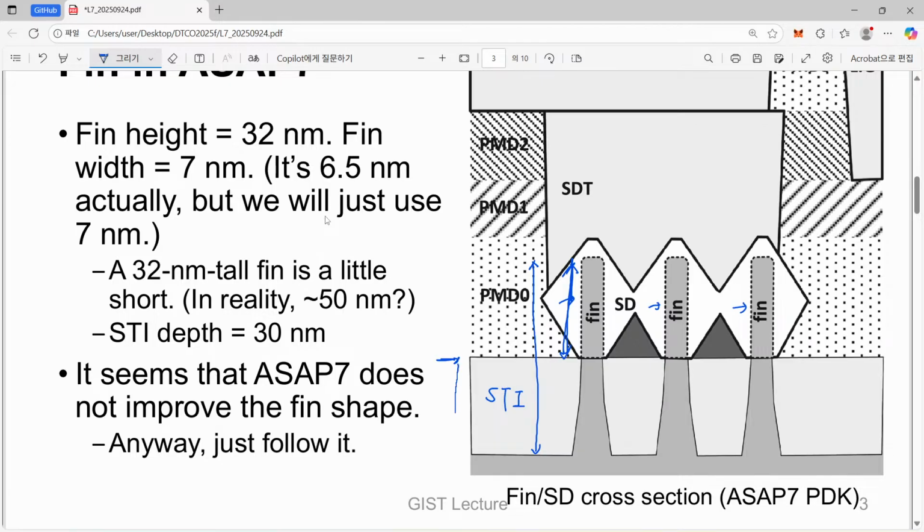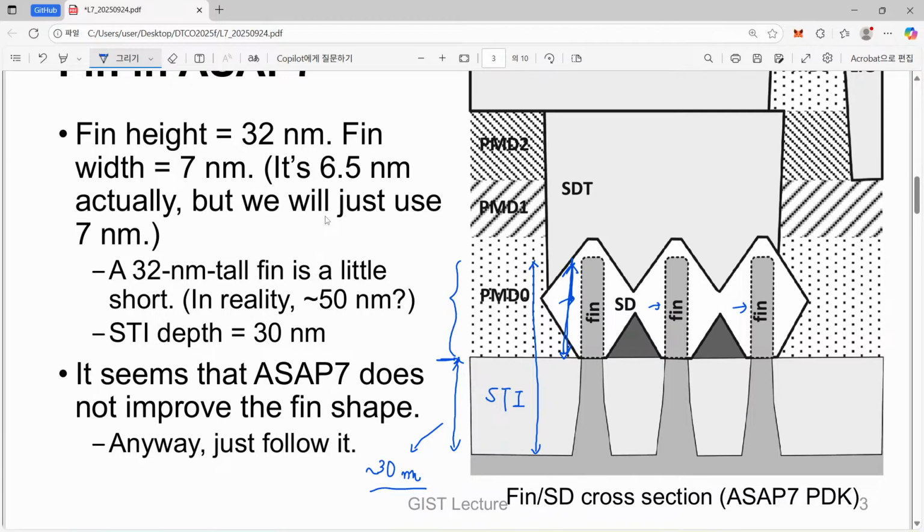Shallow means that this depth is not that high. It's just in this case about 30 nanometers, something like that. And in reality, the depth of this STI is more or less comparable to that of this fin height.